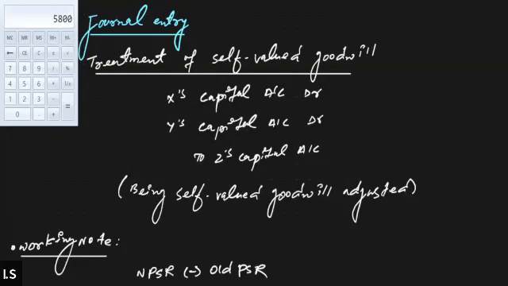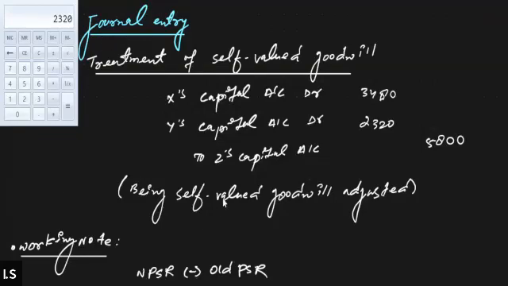So this needs to be distributed between A and C in the ratio of 3:2. So 5,800 into 3 divided by 5, we should get 3,480 here. 5,800 into 2 by 5, we will get 2,320. And 5,800 will be credited to Z's capital account.